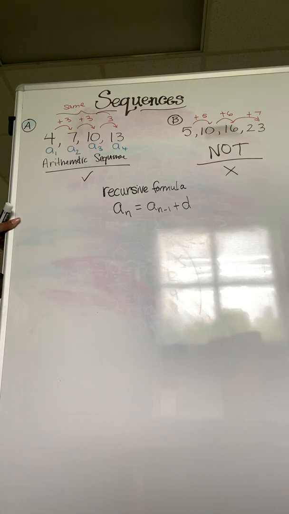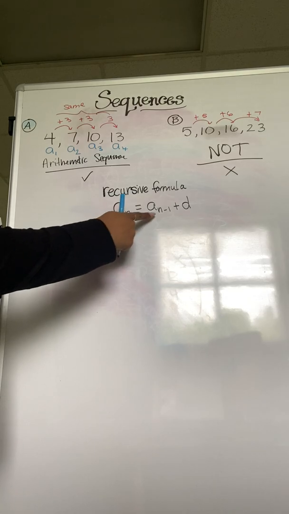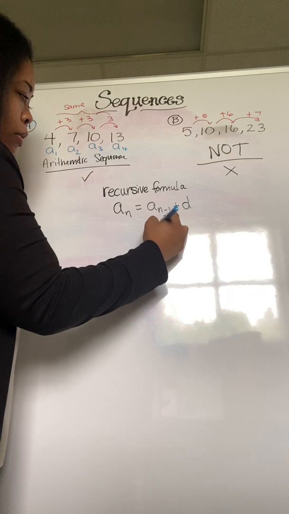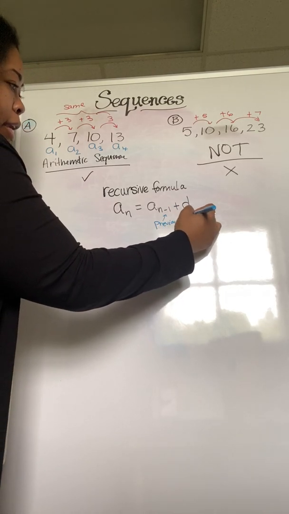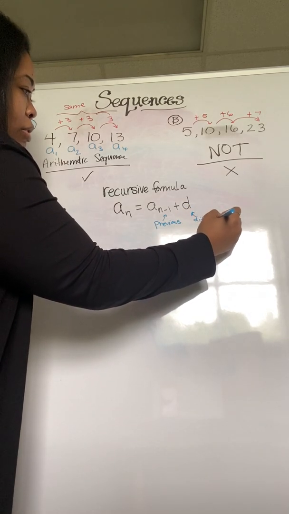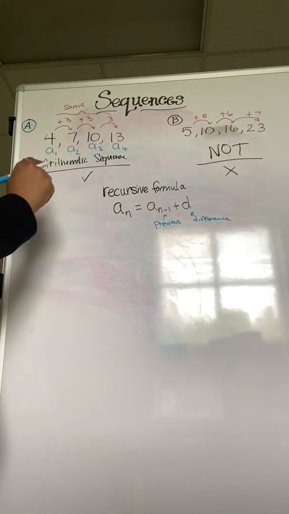All right? So this tells me that if I want to know the value of any term, it's a sub n minus 1. So this means the previous, the one that is before it, and here this d represents the difference in the terms. So here there's a difference of plus 3.